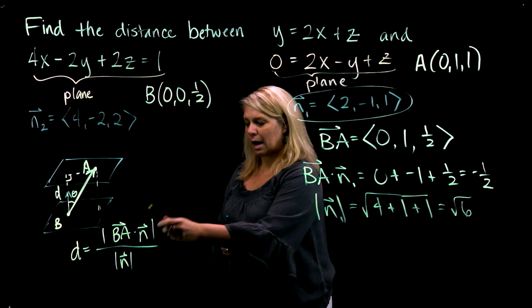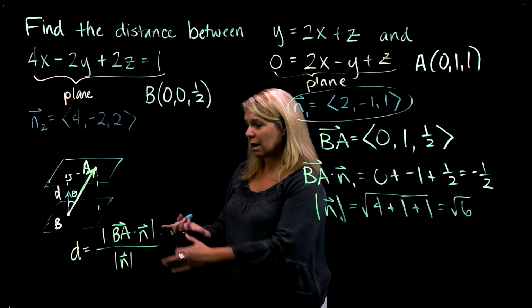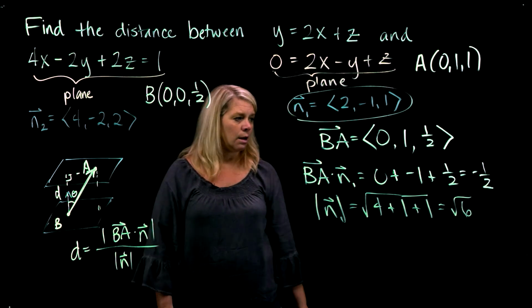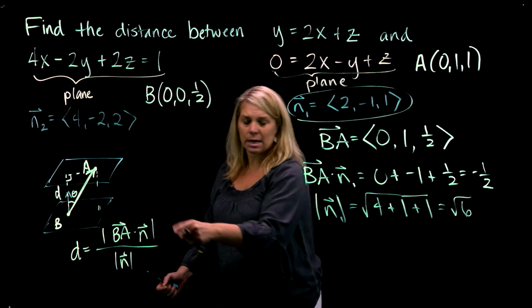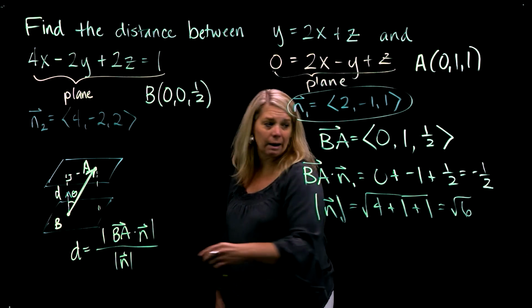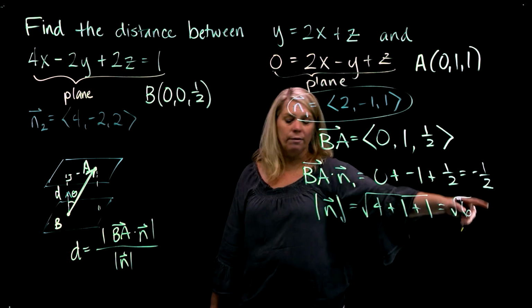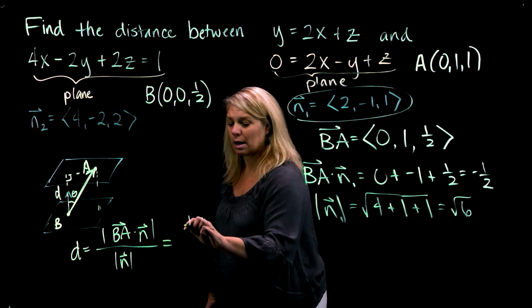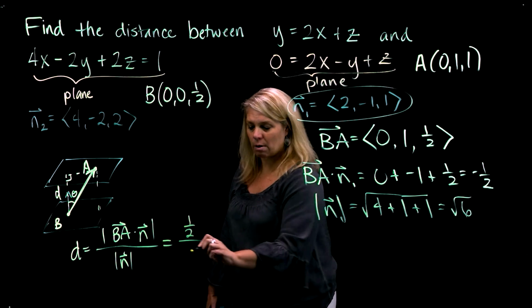And then I can use my formula that I figured out here from just labeling the picture to find that distance. So I'll need to remember to take the absolute value. Remember, distance should not ever be negative. So absolute value of -1/2, so I'll have 1/2 divided by square root of 6.